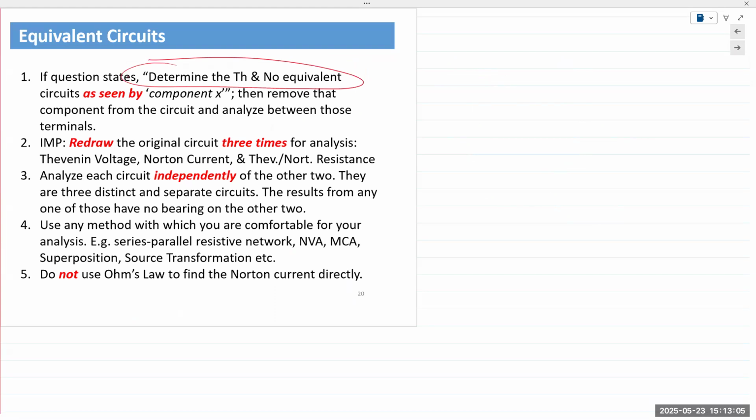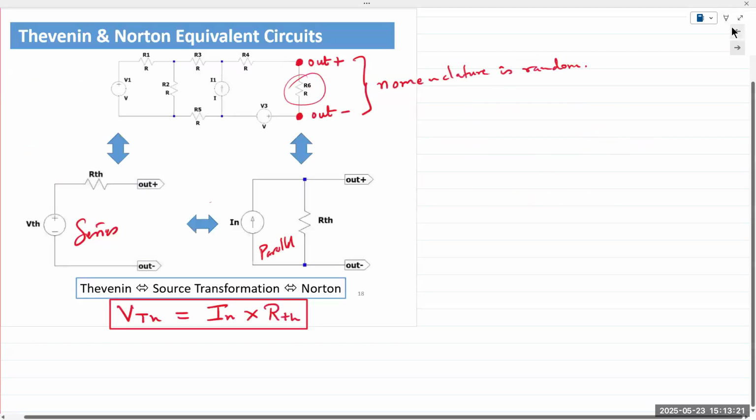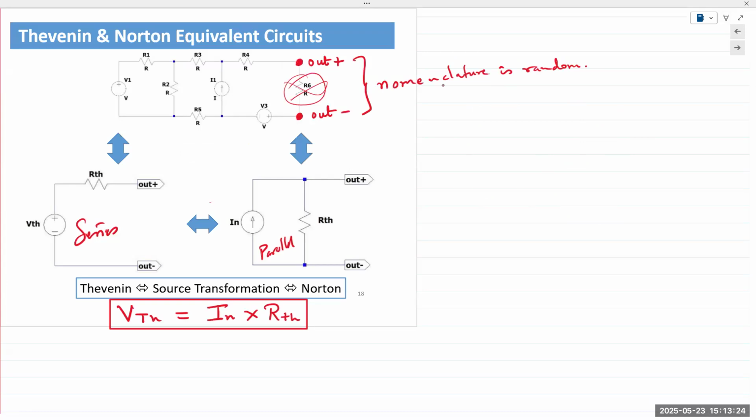That component could be anything. You need to remove the component from the circuit, leave behind open terminals. Okay, you have to remove the component from the circuit. It is not part of the analysis. So again, going back to this example, R6 is not part of our analysis. We remove R6 from our analysis.